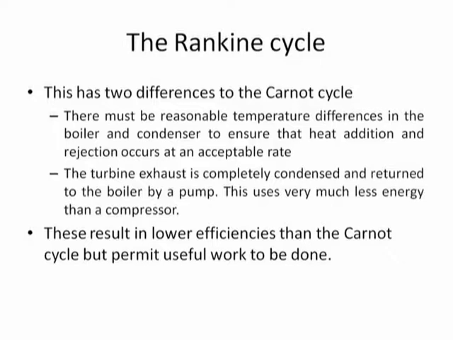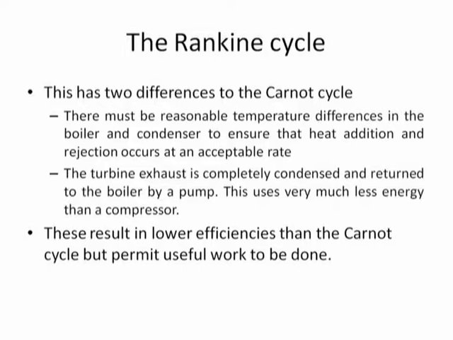So temperature difference is important. And second, we are using pump in place of compressor which we used in Carnot engine, and the pump consumes very less energy. Second, this results in lower efficiency than the Carnot cycle, but permits useful work to be done. So see, this Rankine cycle efficiency will be less, but at least some useful work will be done.